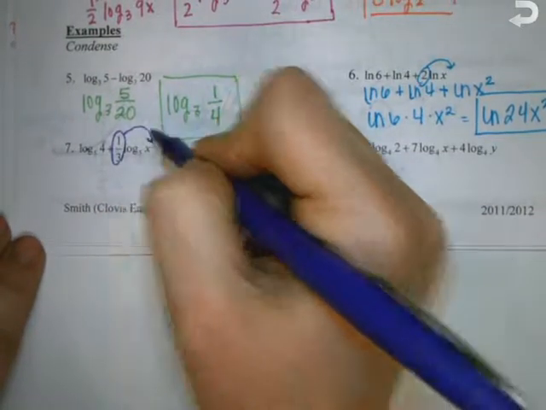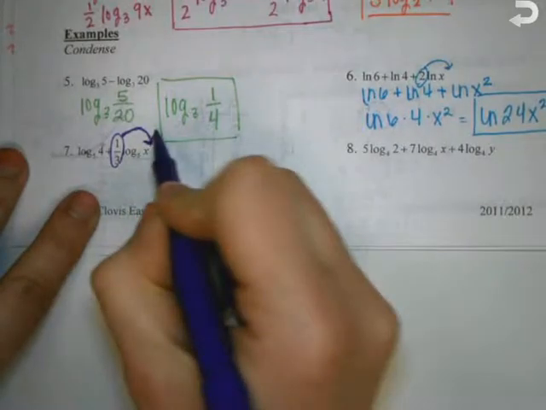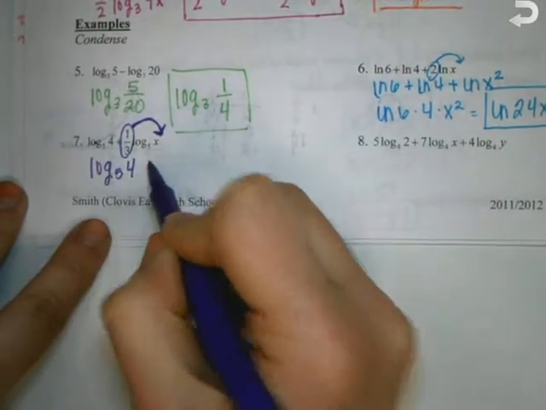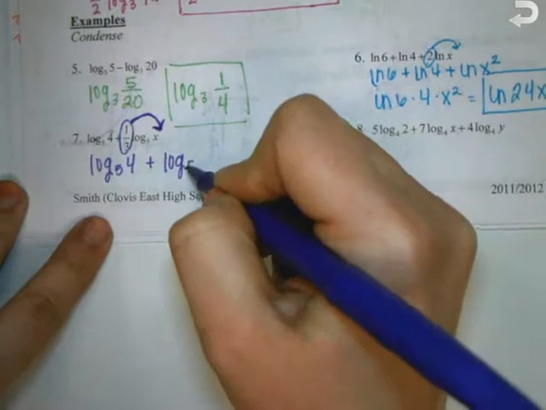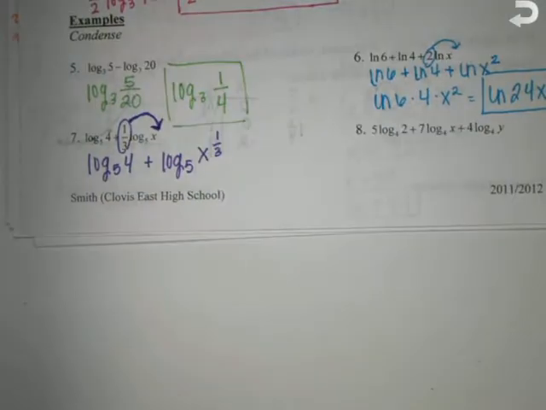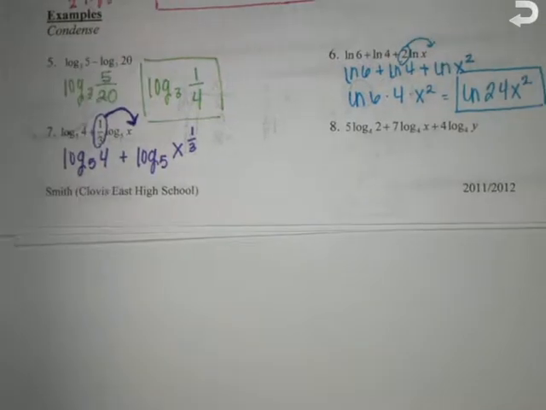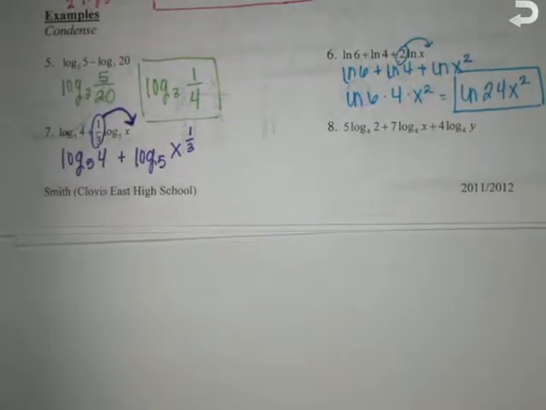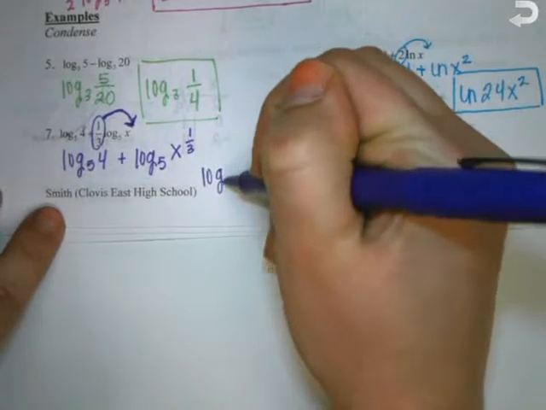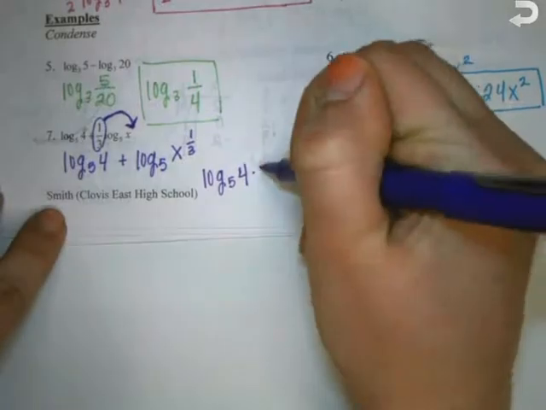So that's going to be log base 5 of 4 plus log base 5 of x to the 1/3. So if I'm adding these 2 logs, what rule is it? Product rule, good. So this is going to be log base 5 of 4 times x to the 1/3, which is log base 5 of 4x to the 1/3.